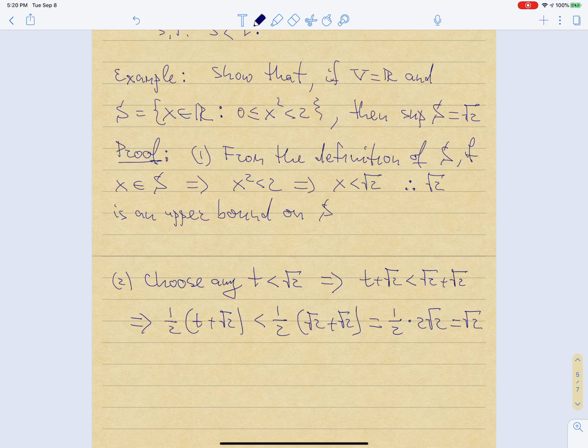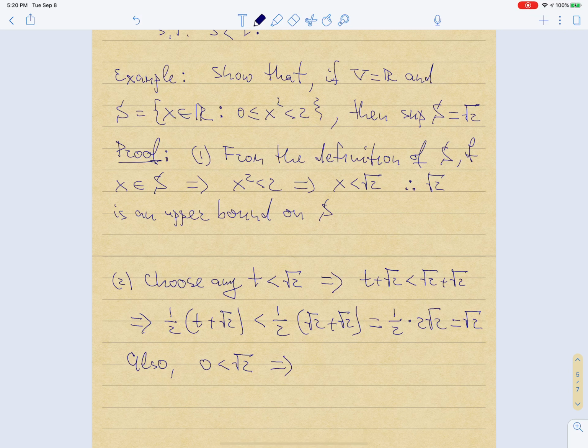Okay, so what about something else here? How about if I take this inequality: I also know that 0 is less than square root of 2, because square root of 2 is a positive number.